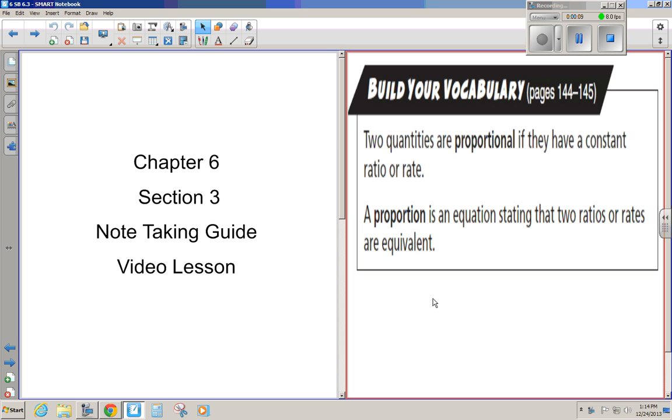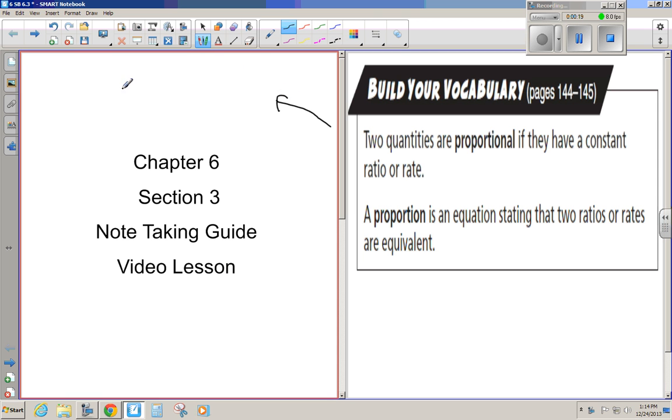All right, two quantities are proportions if they have a constant ratio or rate. What this means is you're going to build a ratio table, and each ratio in the table should be constant.